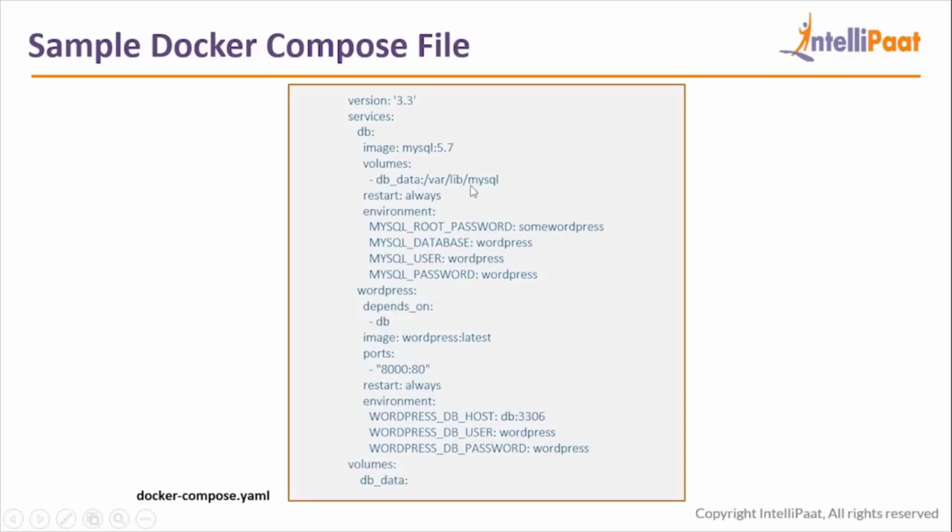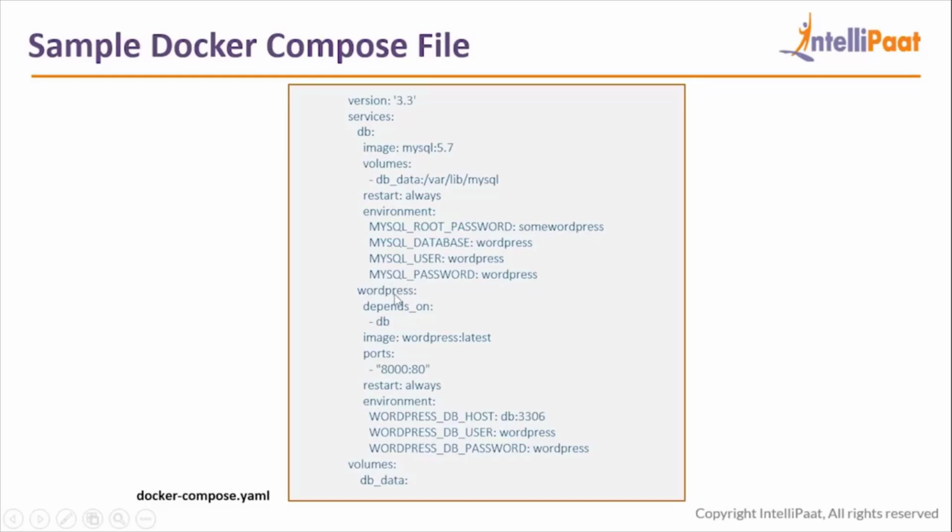Okay, so the environment variables for this container are MYSQL_ROOT_PASSWORD, MYSQL_DATABASE, MYSQL_USER, and MYSQL_PASSWORD. These are the values to these environment variables that we are also configuring inside the Docker Compose file itself, right? So inside this container, these are the environment values which will be configured. And then, this is the end of it. This is what we have done in the DB container.